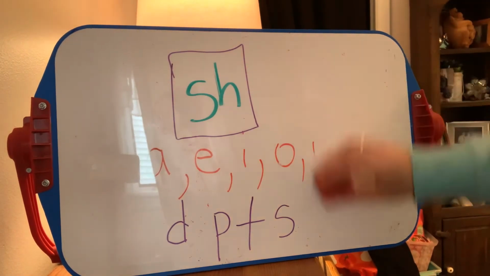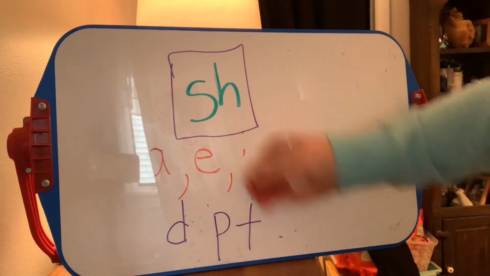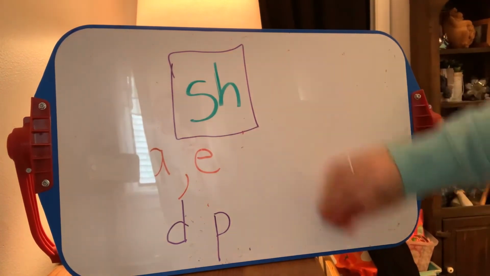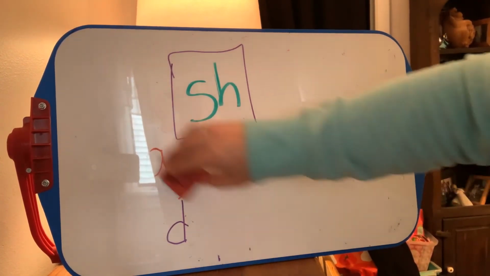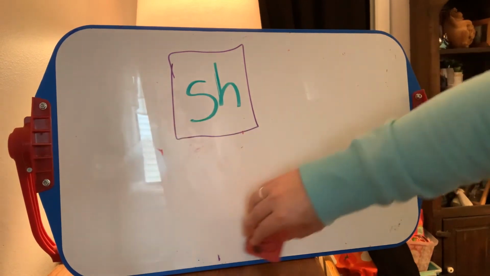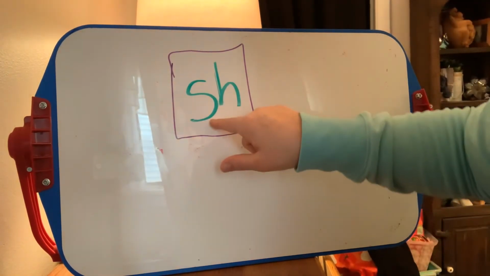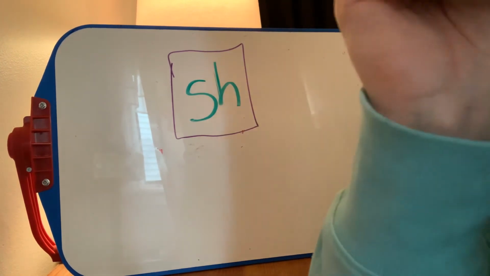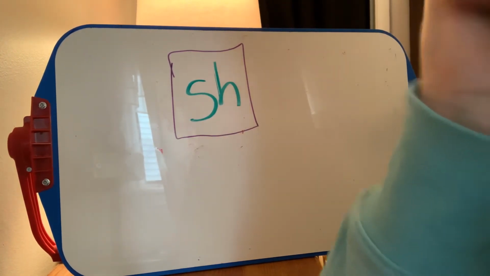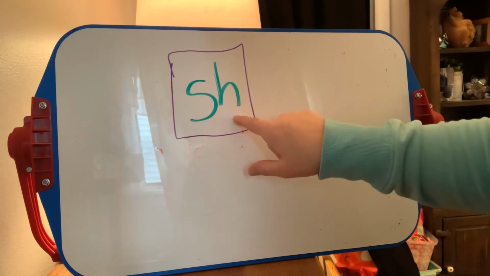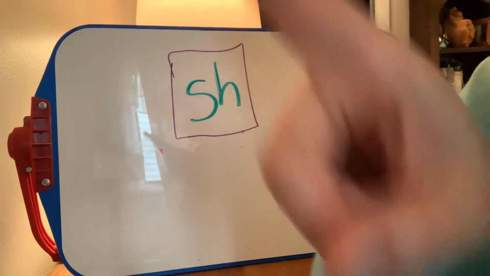What I'm going to do is I want us to practice, Aiden, the SH contraction, but also in phonics, it's called a digraph, right? And the SH digraph means that there's two consonants, S and the H, but they make one sound.